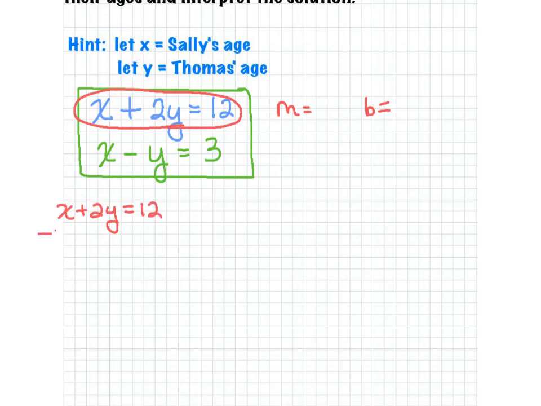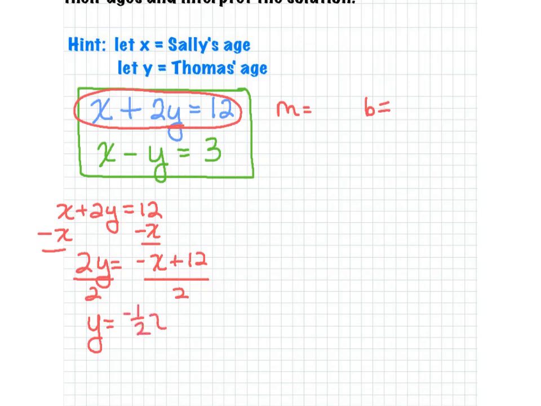So let's subtract x on both sides. 2y is equal to negative x plus 12. Divide by 2 on both sides. So y is equal to negative 1/2 x plus 6. So my slope is negative 1/2, and my y-intercept is 6.